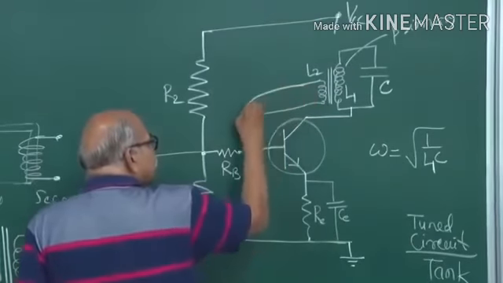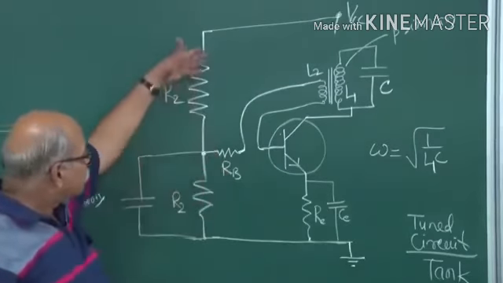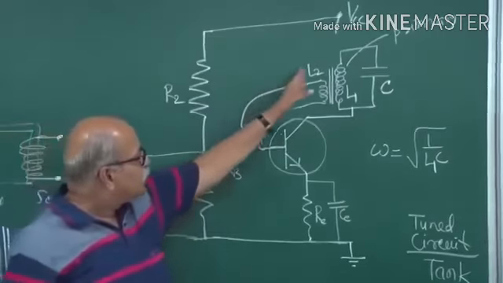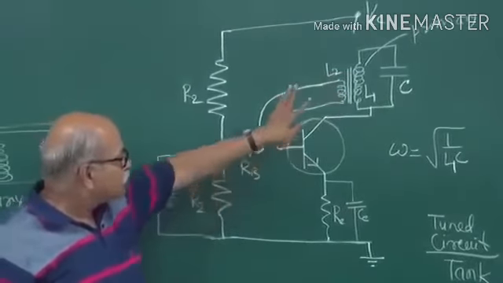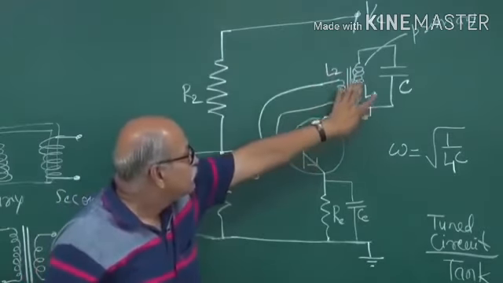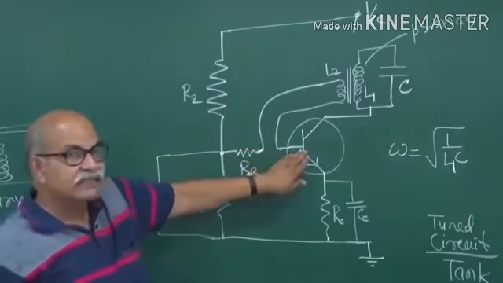So whatever was going through this biasing to the base, in the path we have connected this. So part of this output, this amplified signal which is generated, is taken into this base circuit.